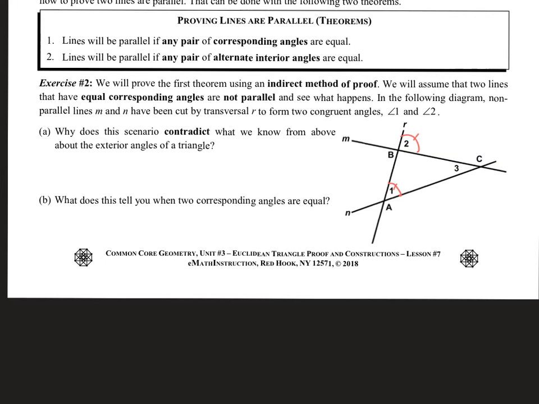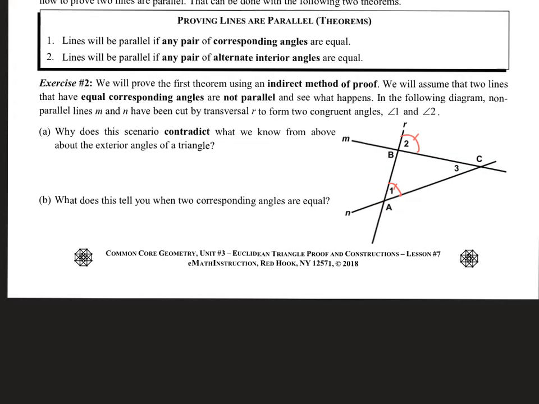So if I'm looking at line M and line N, they're being cut by this transversal R. And when I look at 1 and 2, I see that angle 1 is on the top right angle position of this intersection here, and angle 2 is also the top right angle of this intersection over here as well. And so they're both in the same position.